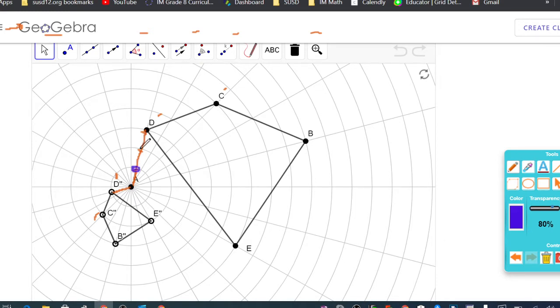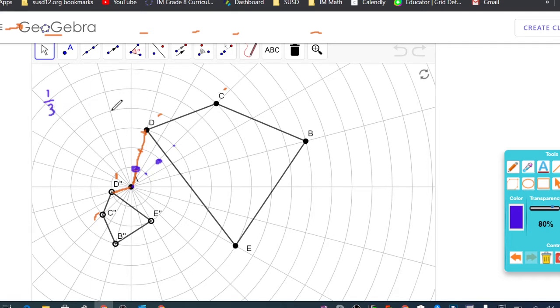So D is now 1 unit away. Here is D now. C, let's count how many units away C is. 1, 2, 3, 4, 5, 6 units from the origin. So 1/3 of 6 is now 2 units from the origin. Remember, our scale factor to scale down is 1/3.